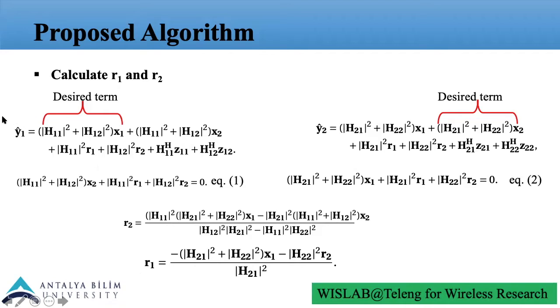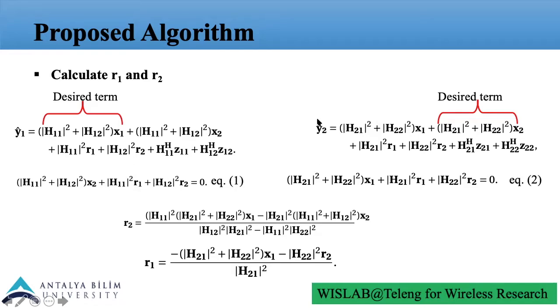If you look at the total received signal at user 1, from all this equation here, which is found by following the procedure from previous equations, you see that this part is the desired term for the receiver, for user 1. And all other terms are not desired. So we set all the other terms equal to 0.